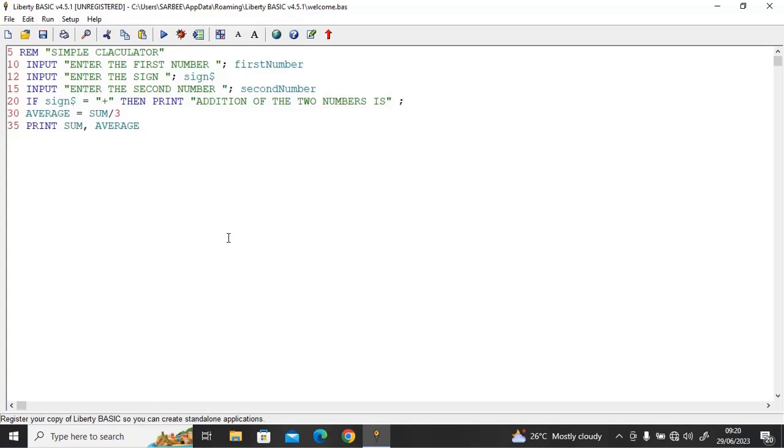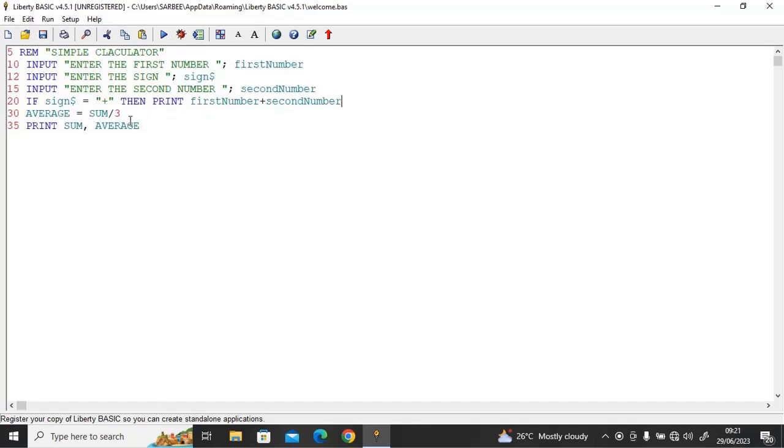Then I can say first number plus second number. Let me not complicate matters for you, because when you do that kind of thing, sometimes you may get an error, but I will show you how you can do something like that when you move on to more complex programs. For now, I'll just display the answer only.